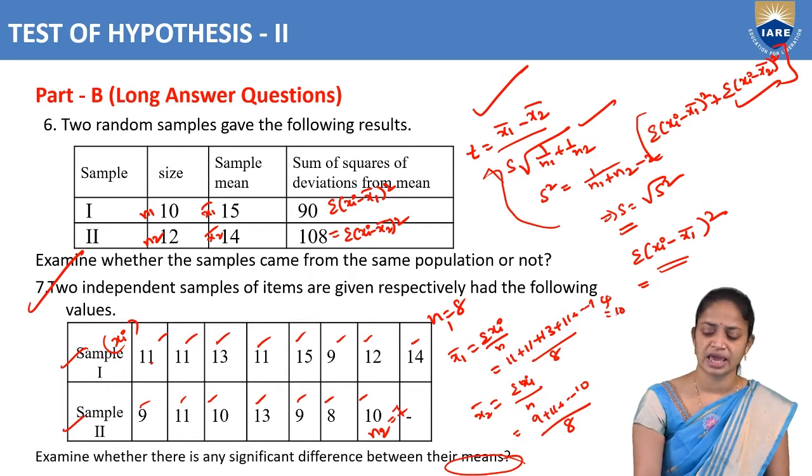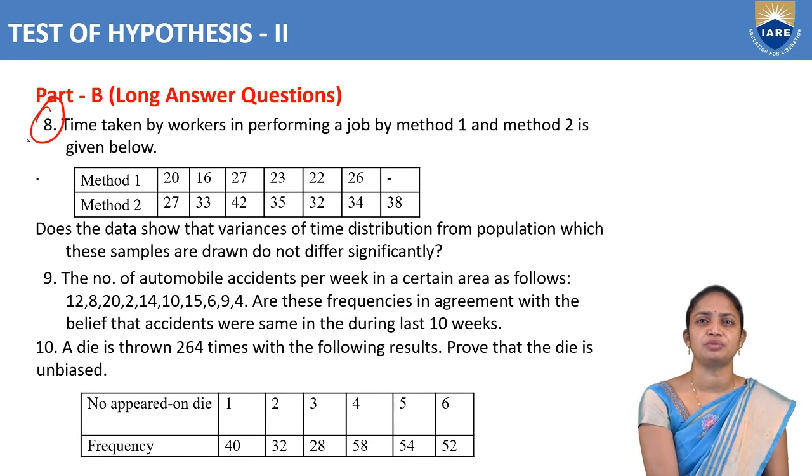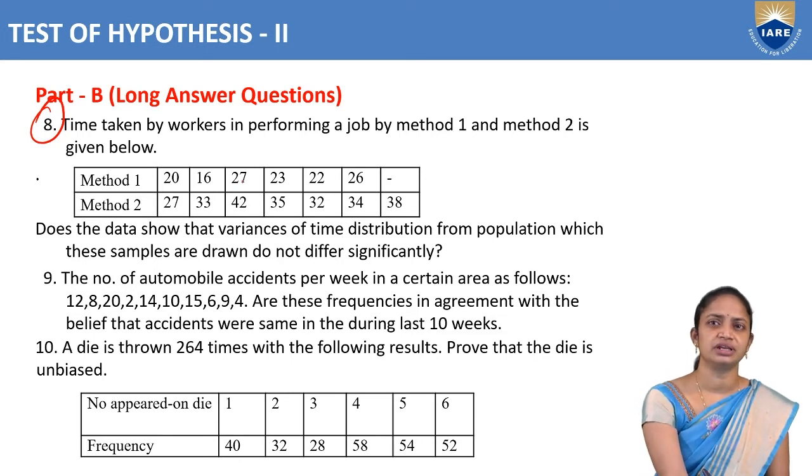Okay, like sixth problem. So coming to the eighth problem, time taken by workers in performing a job by method 1 and method 2 is given below. So here n1 equal to 6 and n2 equal to 7.